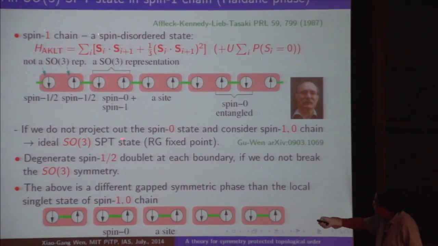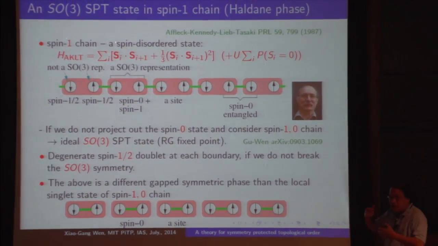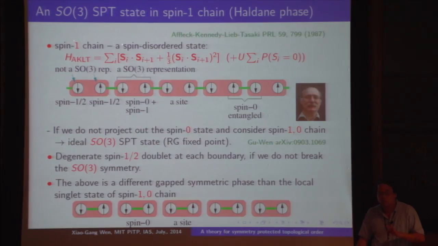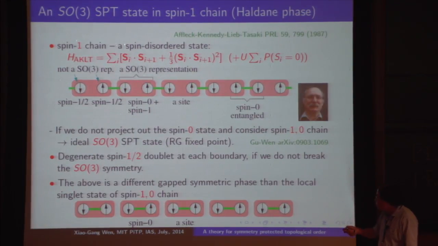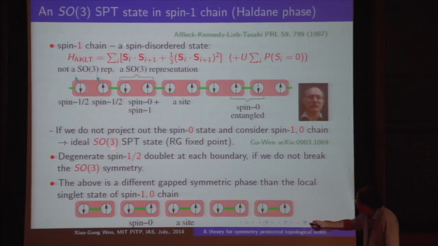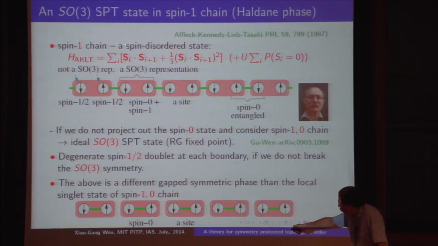So this is spin 0, spin 1 per site, and this is the ideal wave function for the Haldane phase. So we can view the Haldane phase as this kind of wave function, basically. And then the claim is that this kind of wave function is different from another wave function of a spin 1 chain.